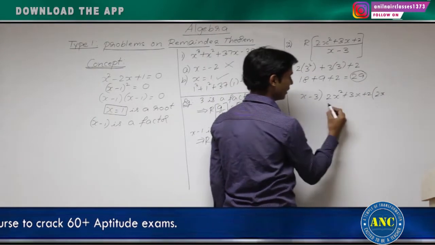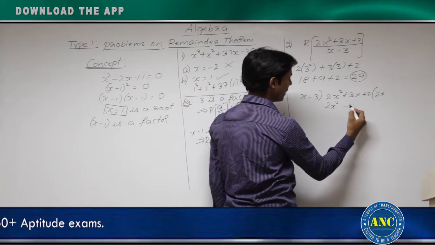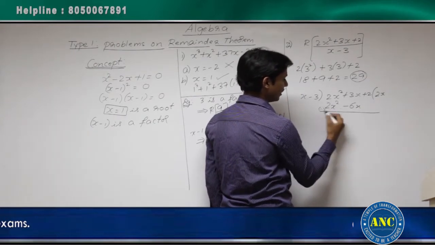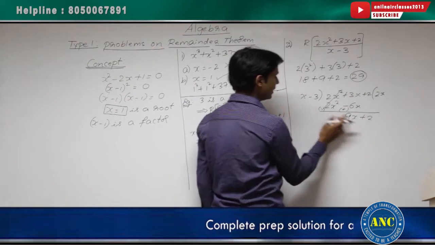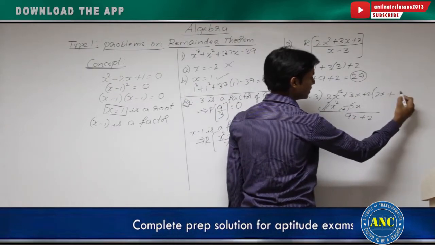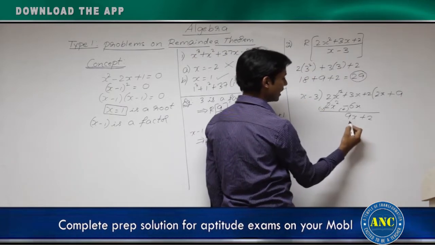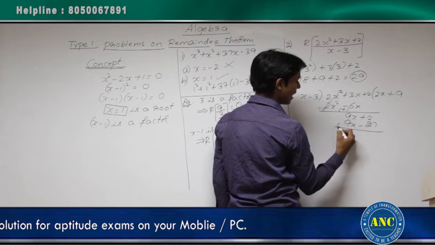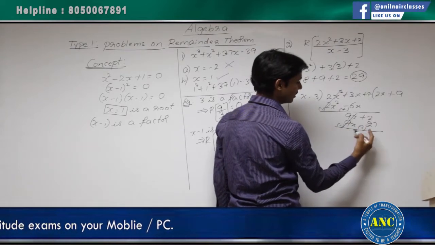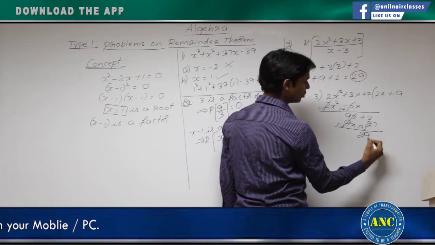So it is 2x. This becomes 2x square minus 6x. Change the sign. If I change the sign, I will get 9x plus 2. Here it is 9x, here it is x. Multiply by 9. 9 into x is 9x. 9 into minus 3 is minus 27. Again change the sign. You will cancel this. 27 plus 2 is 29.